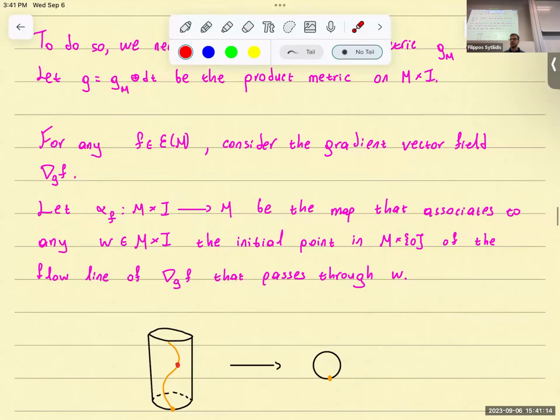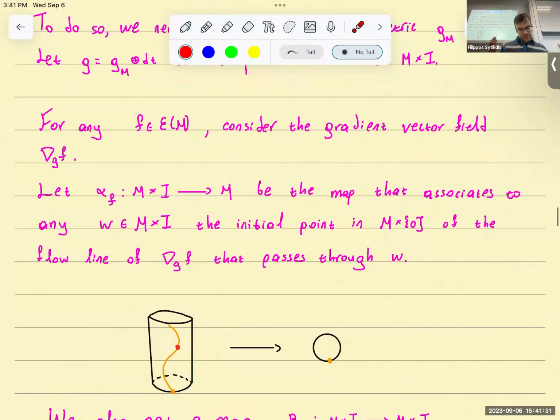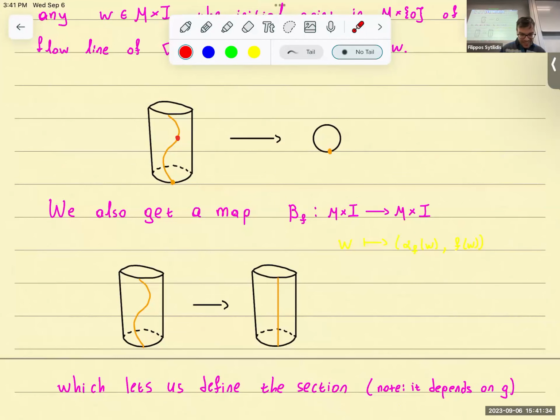Is that fairly clear? Now, this is just the map from M cross I to M. I promised you a map from M cross I to M cross I, because I promised you a pseudo-isotopy. There is a fairly reasonable thing that you can write down as a map from M cross I to M cross I, which in the M direction uses the map alpha F that I just defined for you.